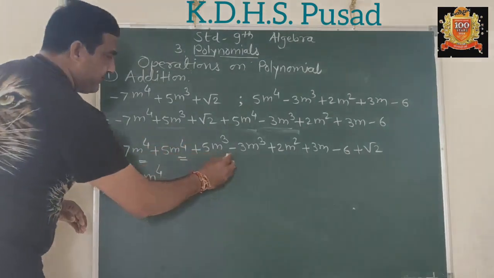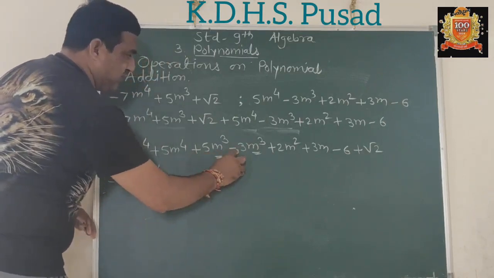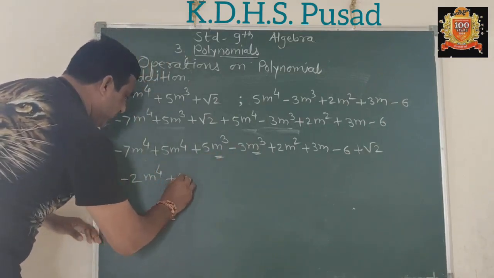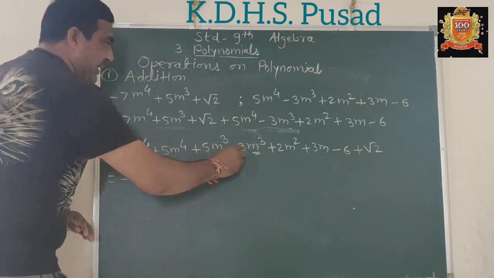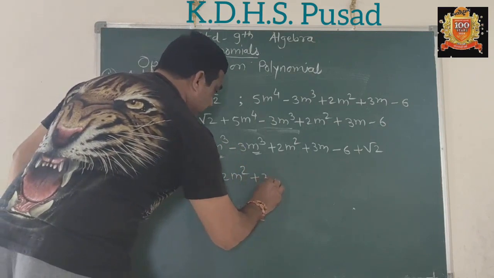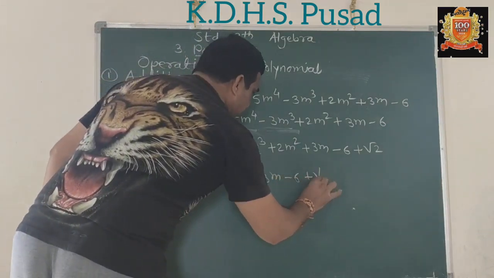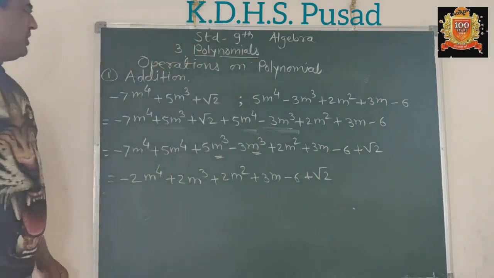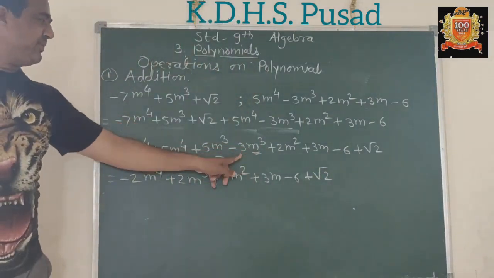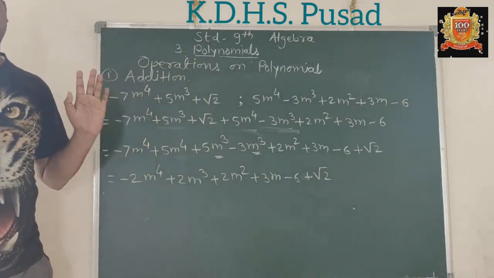Then plus 5 minus 3, so plus 2m cube, and then plus 2m square plus 3m, and then remaining as it is, minus 6 plus root 2. So whatever similar terms, perform addition or subtraction of their coefficient only.